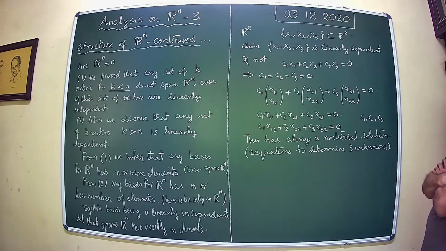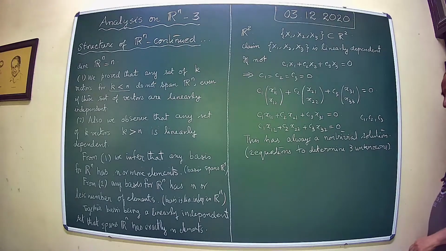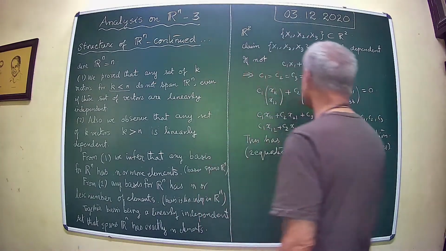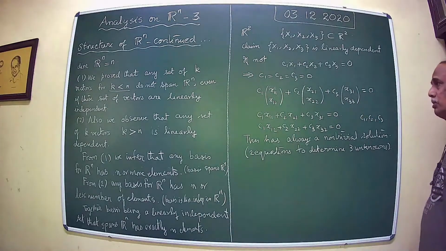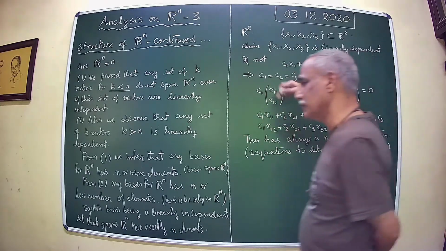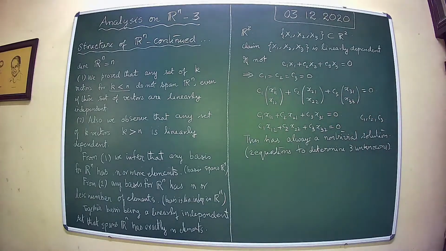Therefore, you have c1, c2, c3, not all of them 0, such that c1 x1 plus c2 x2 plus c3 x3 equal to 0, which means x1, x2, x3 is linearly dependent. Now you can improvise this argument to Rn.